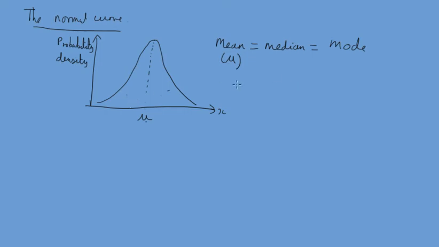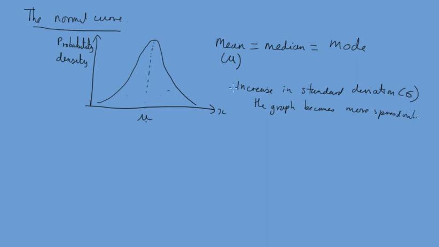And if you have an increase in standard deviation, and the symbol for standard deviation is this one here, a small sigma, the graph becomes more spread out.